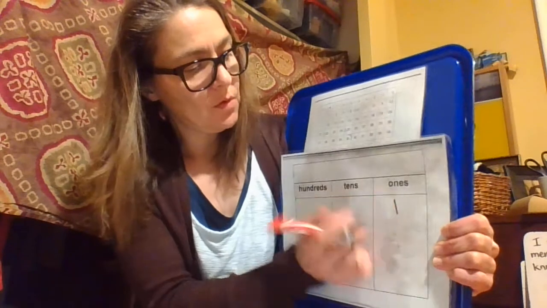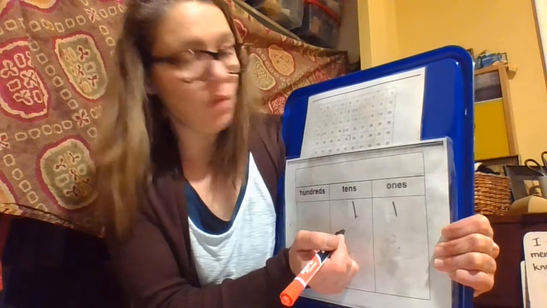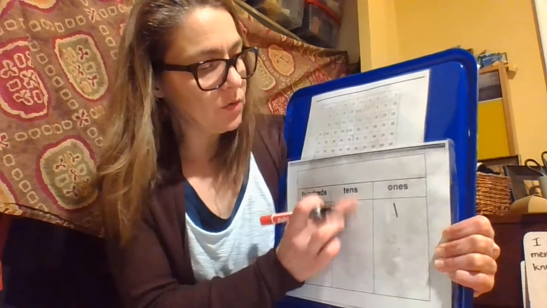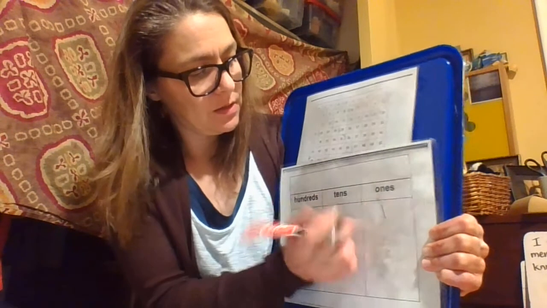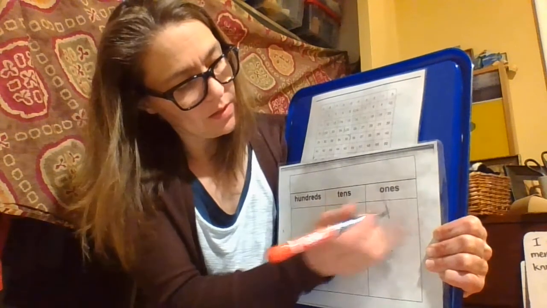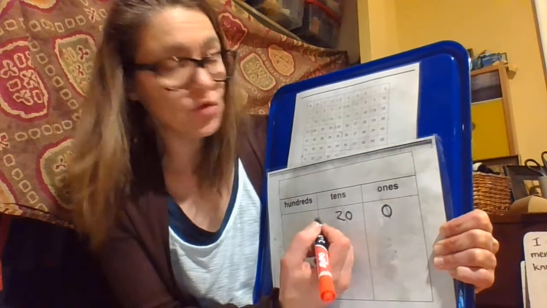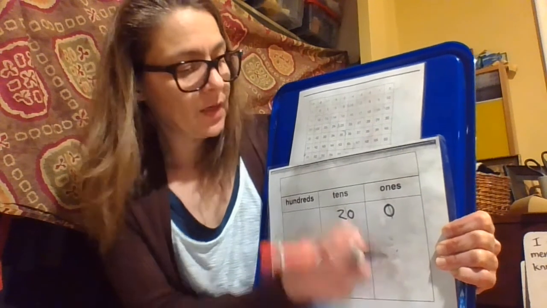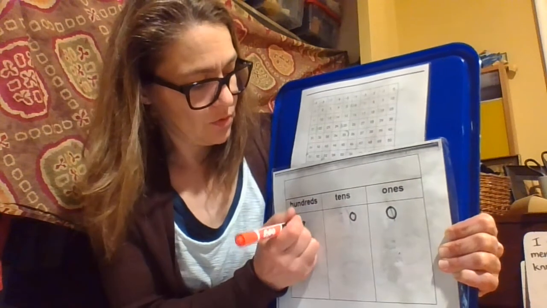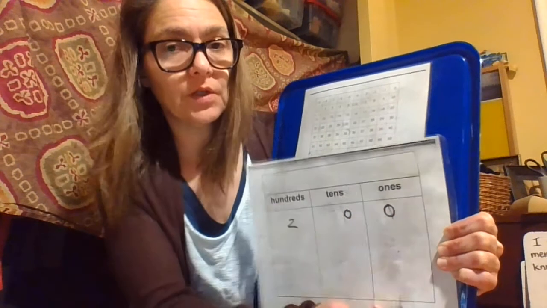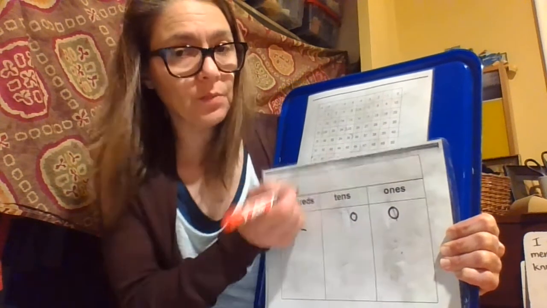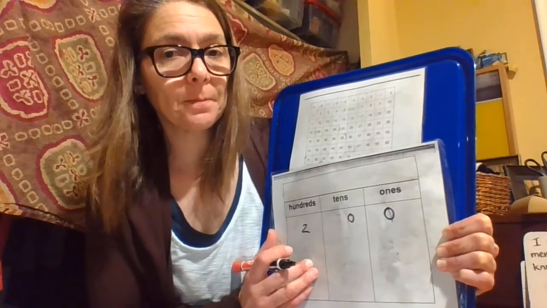It becomes 1 ten and 1 one. It could no longer stay in the tens when you have 10 tens. It becomes 100s. So it's bundling, regrouping.